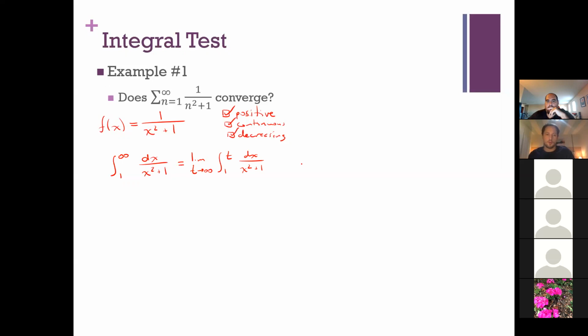Would it just be 1? Well, it's not dx over 1. So I need to integrate this function here from 1 to infinity. Oh wait, sorry. Never mind. I was doing some weird math in my head.